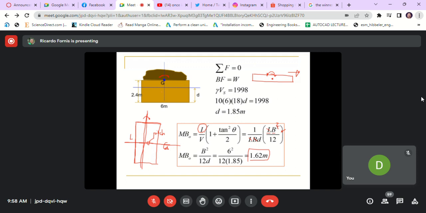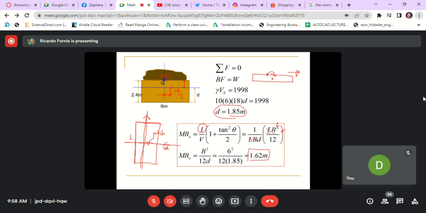Since the BO is already known, right? The BO is the center of buoyancy, and the MBO is 1.62, meaning from here up to there. The BO is D over 2. And this one is 2.4 minus the D. Are you following?